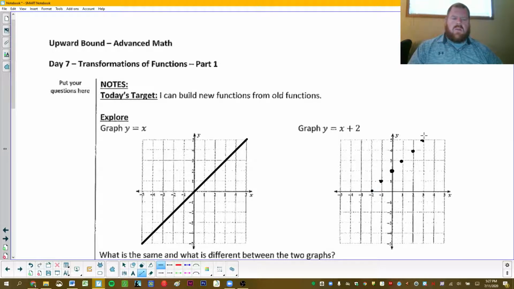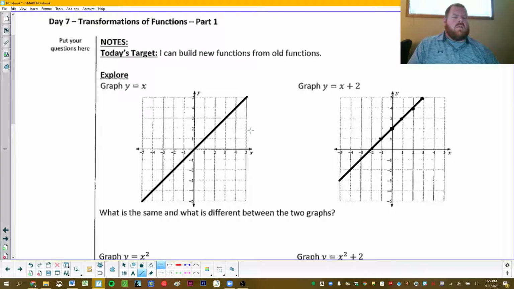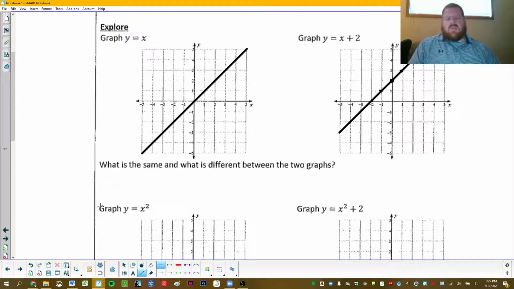I'm going to argue that there's actually a more in-depth way, or maybe more of a general way, to look at this. What's the same and what's different? What different things do we have going on in these two graphs, and what same things?